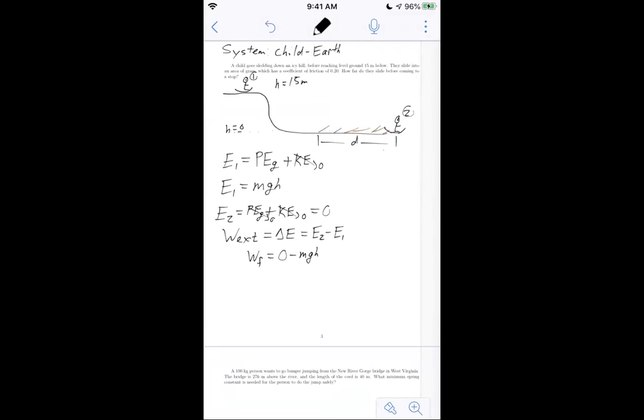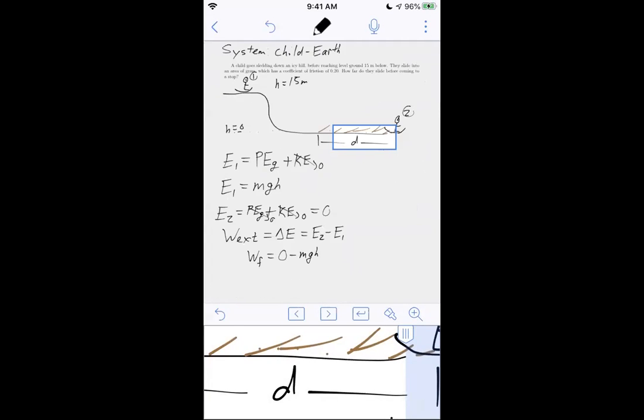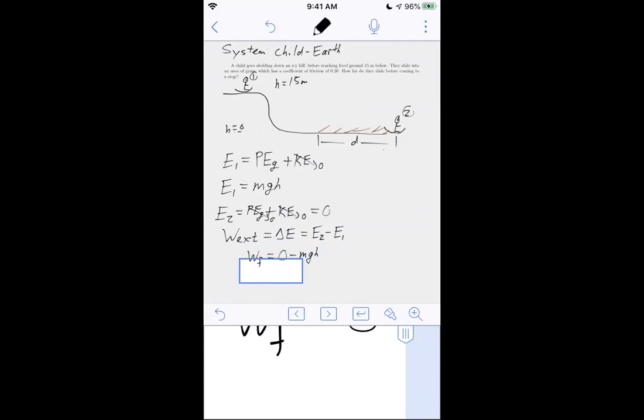So we know that the work done by friction is always negative because the force of friction always points opposite to the direction of the displacement. So I can say that the work done is going to be negative the force of friction times the displacement, and that's equal to negative mgh.